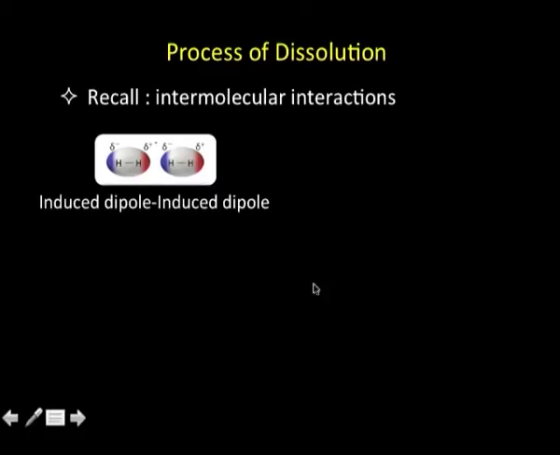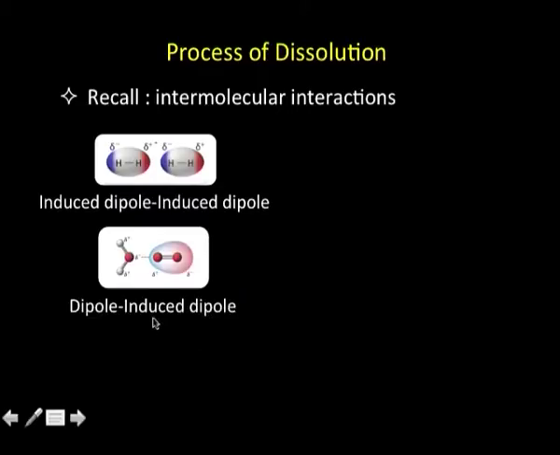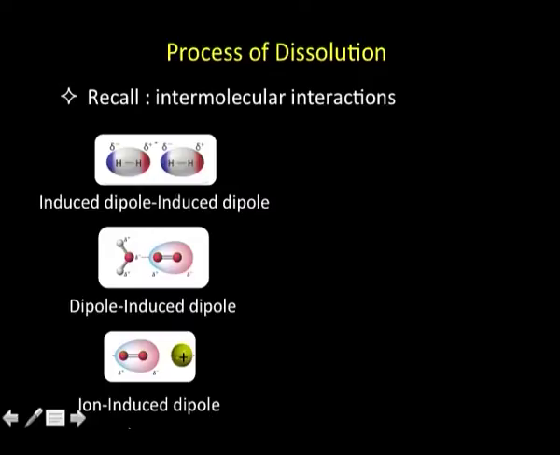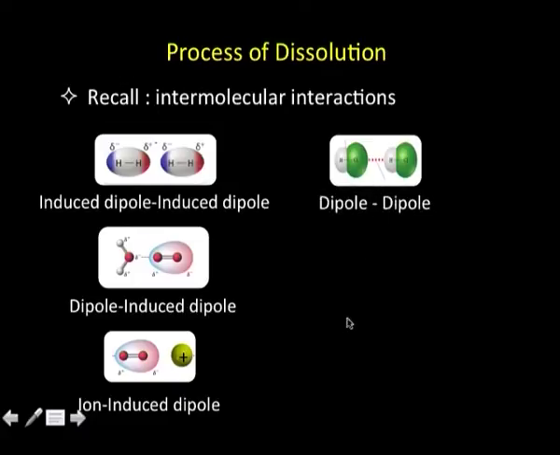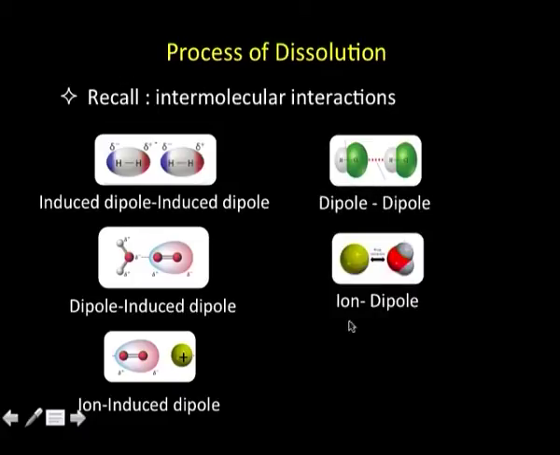Now, let us recall that when we talk about intermolecular interactions, what are different possibilities there? You remember that we talked about induced dipole interactions, which come into play when we talk about non-polar molecules. We also talked about dipole-dipole interaction, and then we did talk about ion-dipole.